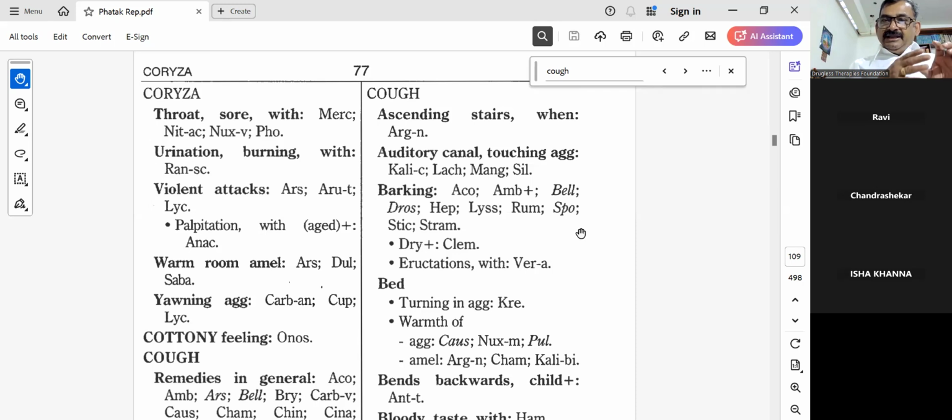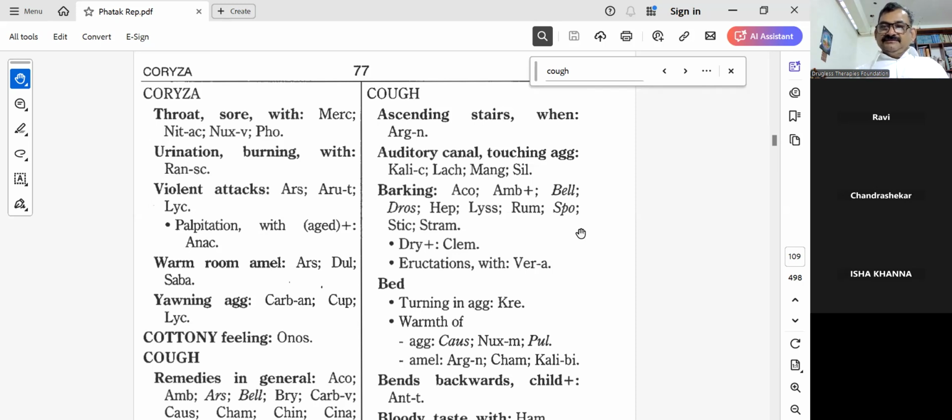Reading homeopathic materia medica is also an art. When you go there, you only see whether that particular symptom is mentioned in the materia medica or not. If it is not mentioned, choose another person's materia medica and see whether that particular symptom is there.